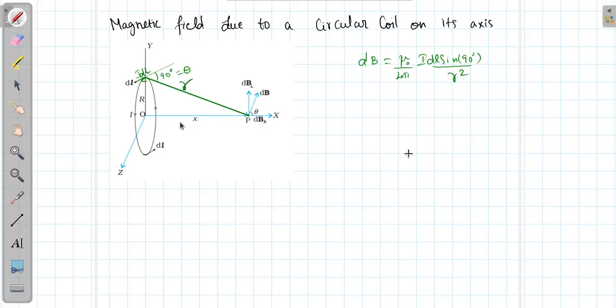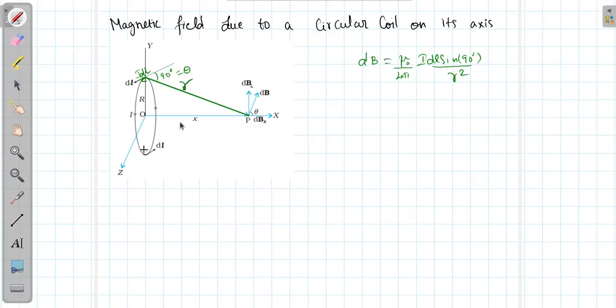Now I'll go for the solution. What they have taken here is one particular current element. Actually, we have to integrate this particular equation over the length.